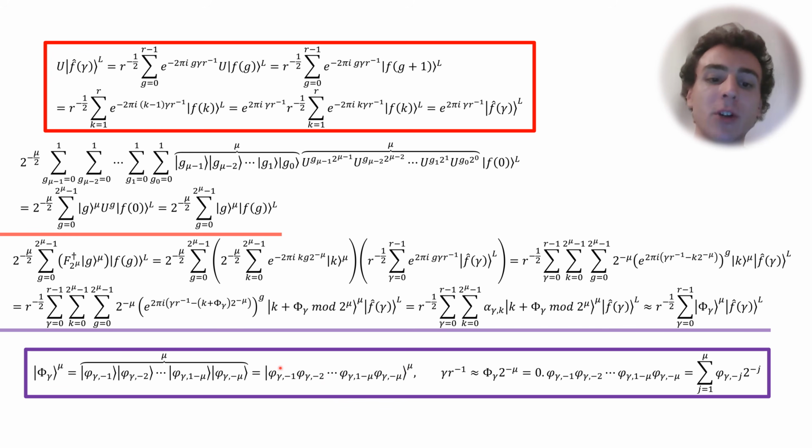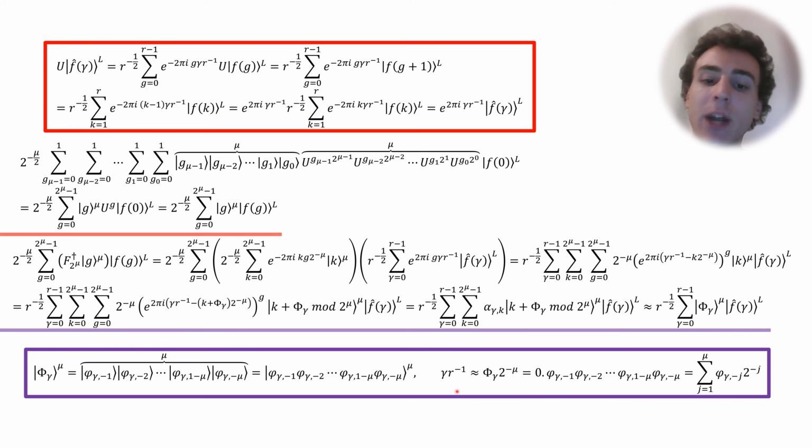So it's very similar to the notation that we had in the phase estimation algorithm video. And this bit string can also be written as this tensor product of mu individual qubit states. So that's just notation to help us clear up what's going on in this final expression over here.